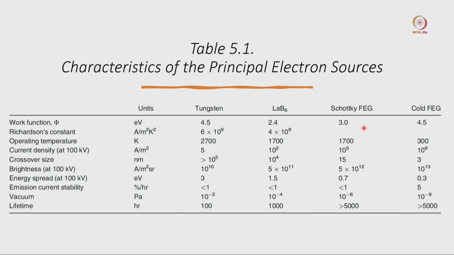A Schottky filament, generally, is a normal tungsten filament. This normal tungsten filament is coated with zirconium oxide.